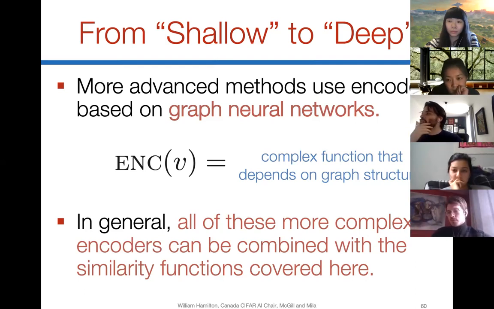Yes, there is. The dynamic setting is actually more common for node level prediction, because you can think about recommendation systems or online social networks, right? These are evolving graphs, and typically what people want is node level representations. It's less common for people to do dynamic graph level representations, but there is definitely some work.